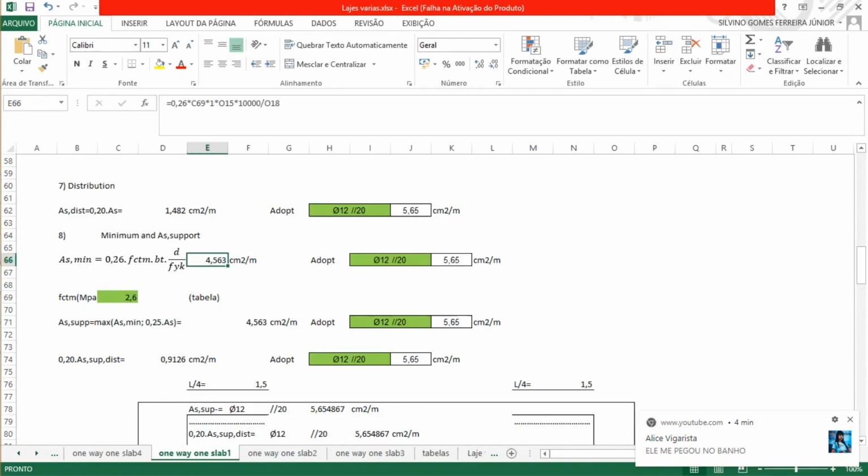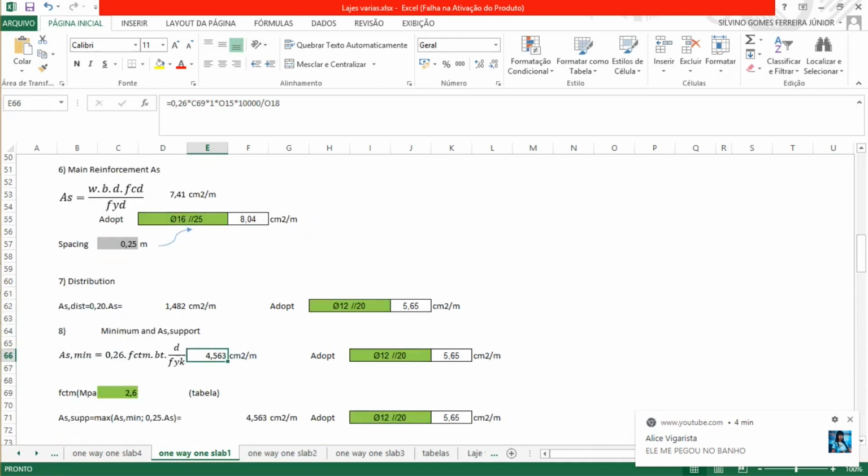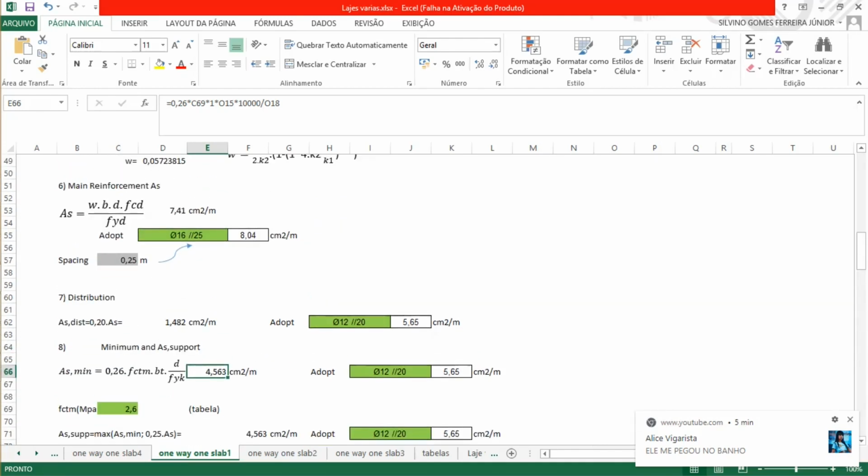Putting all this and converting, of course, these values to centimeter, because we wanted square centimeter per meter. It gives us 4.56. Comparing this minimum value with the main reinforcement, we get the main reinforcement is okay, because it's bigger than the minimum. And for spacing, I always like to limit it to 25 centimeters for this kind of slab, the maximum limit.